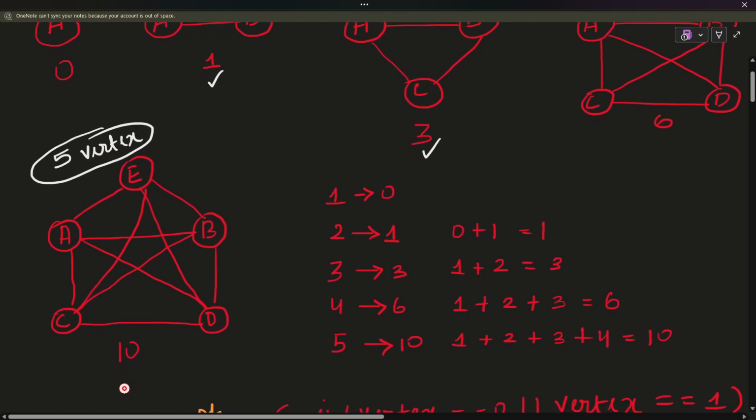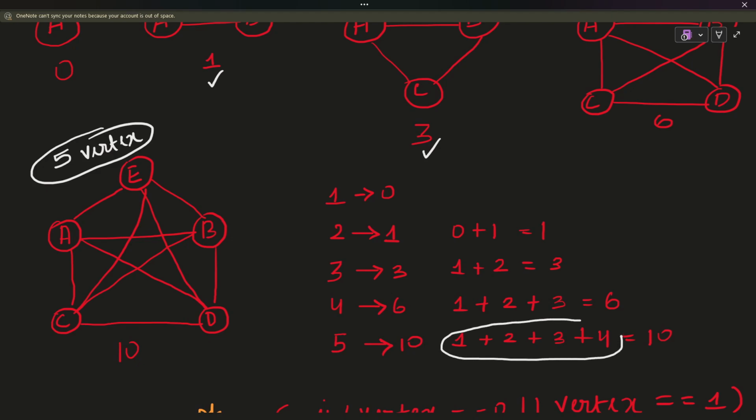So what is this? Does it remind you how we can calculate it? It is the sum of n natural numbers. We can write something like this: n into n plus 1 by 2.